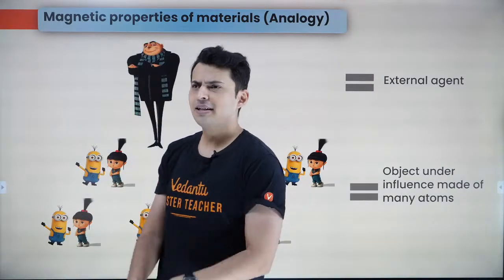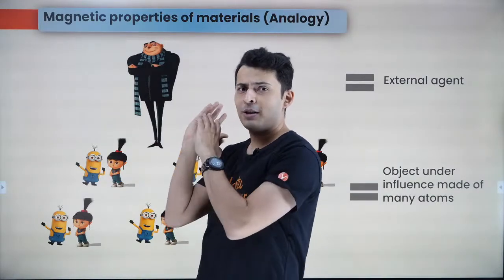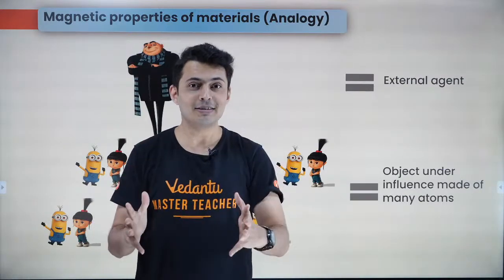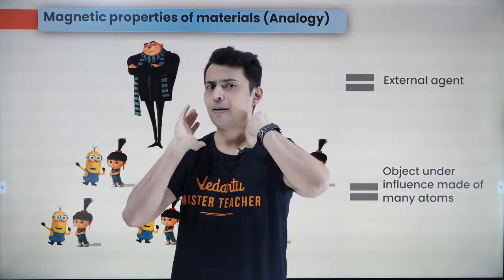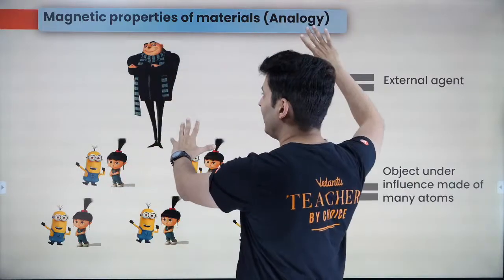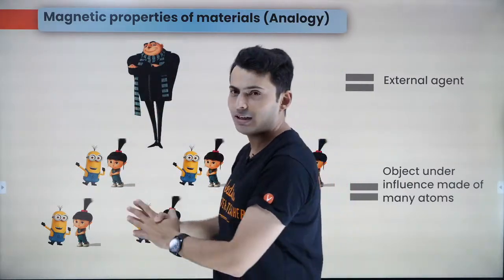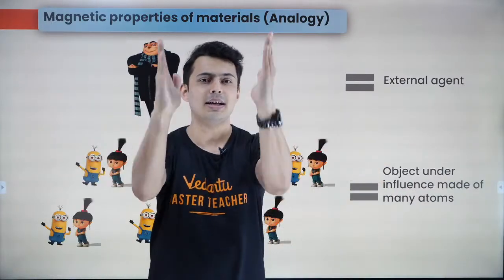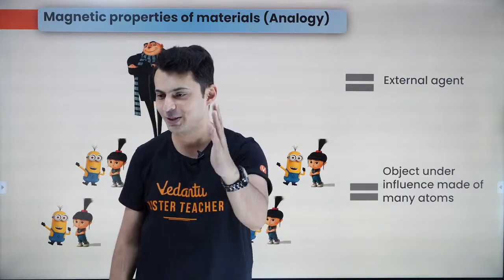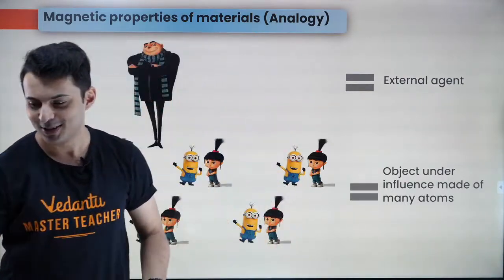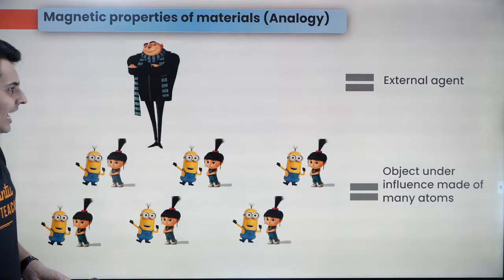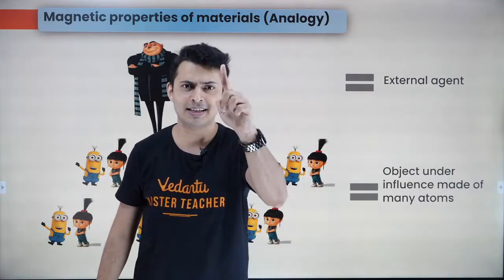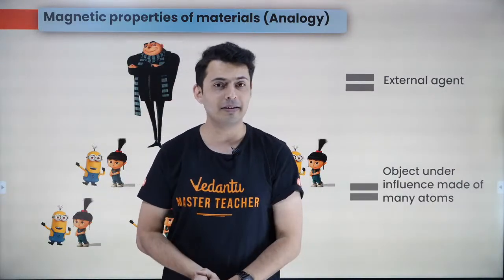And the ones which were slightly looking away from the teacher, they move further away. That means everybody is trying to look behind. The external agent is there, but they're trying to turn back, and they are going to create a magnetic moment in the exact reverse direction. So that's what is going to happen, and that is material number one. That is one kind of material. Keep this example in mind.